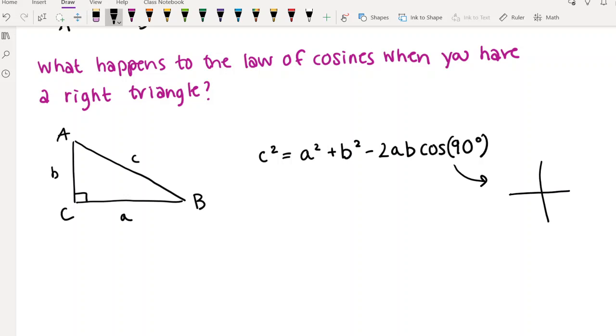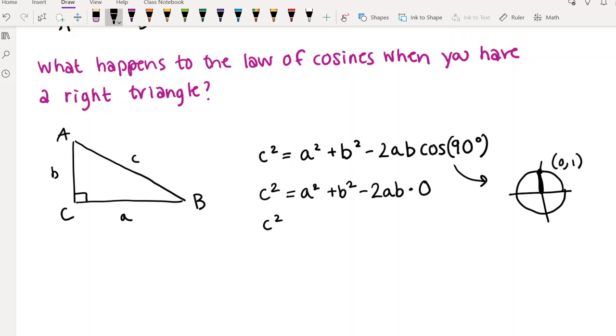Well, if you go on the unit circle and you go to an angle of 90 degrees, the x coordinate is 0, so cosine of 90 is equal to 0. So you'd get c squared is equal to a squared plus b squared minus 2 times a times b times 0, which is just c squared is equal to a squared plus b squared, which is the Pythagorean theorem.